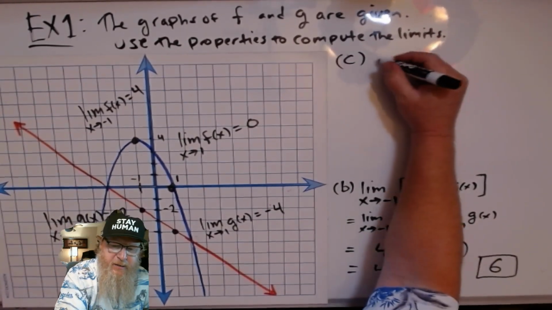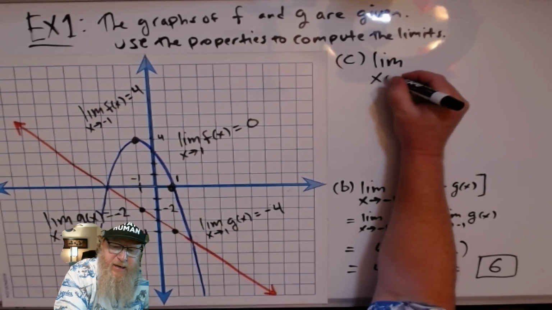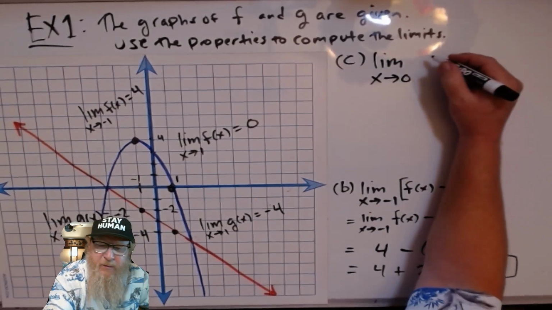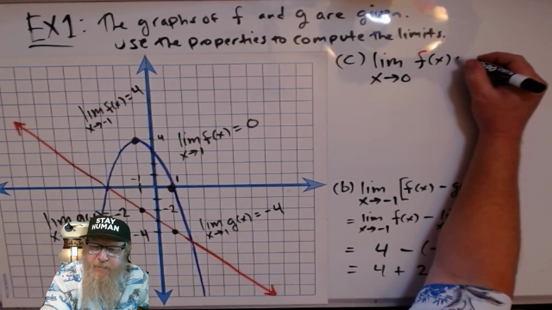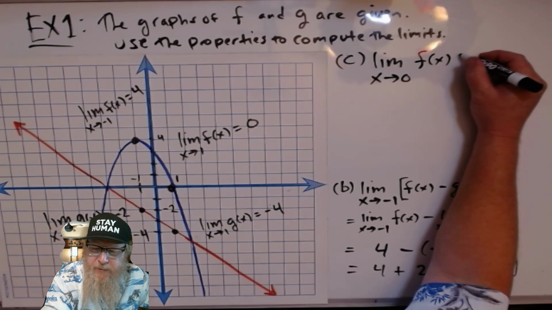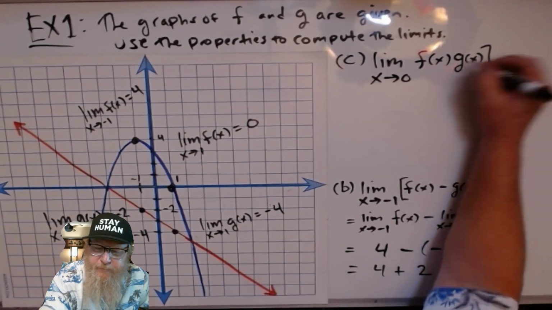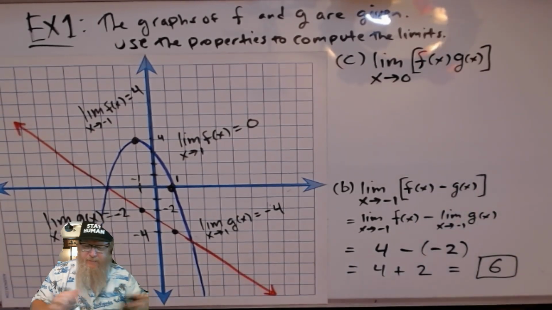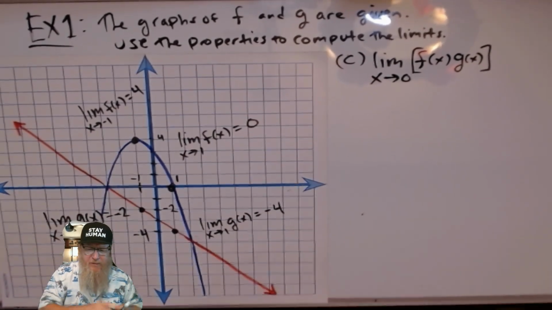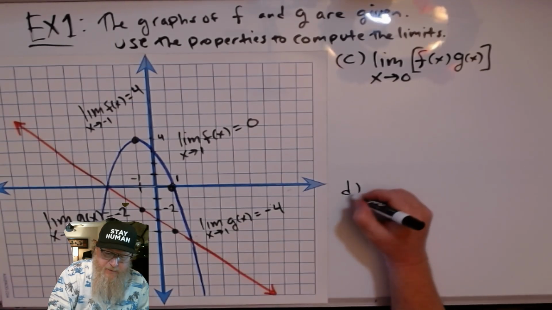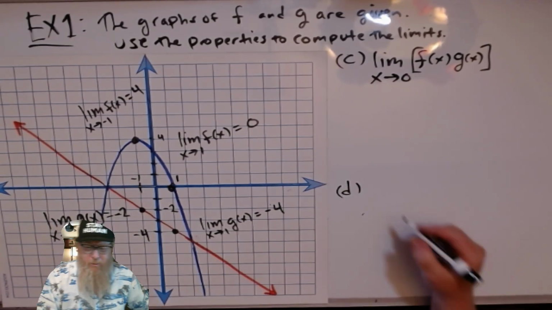Let's call this C and D. Let's do the limit as x approaches 0 of f times g. And I might as well get them both out here at the same time. The last part will be the quotient.